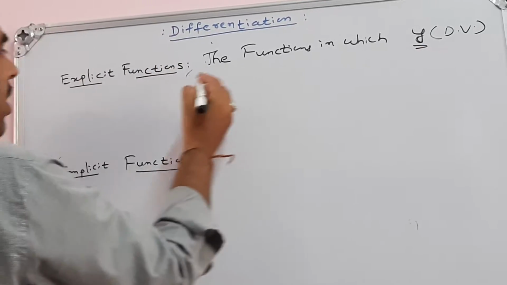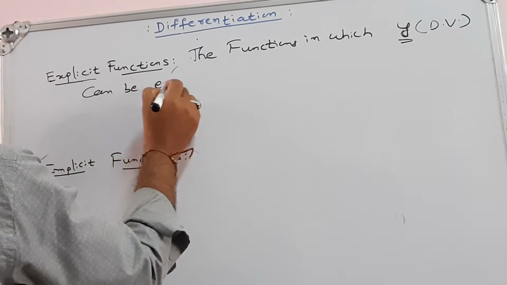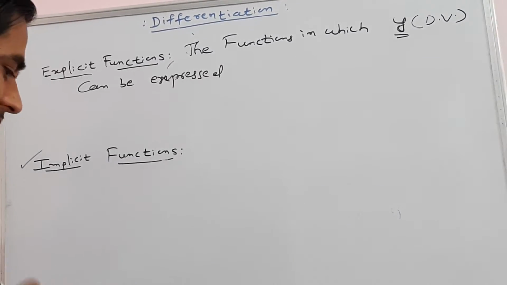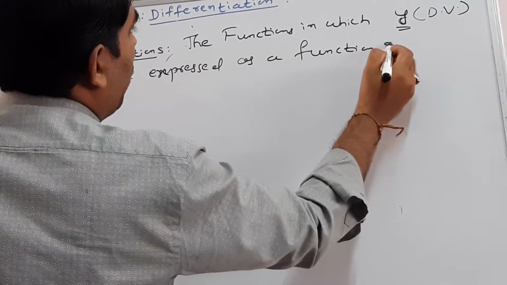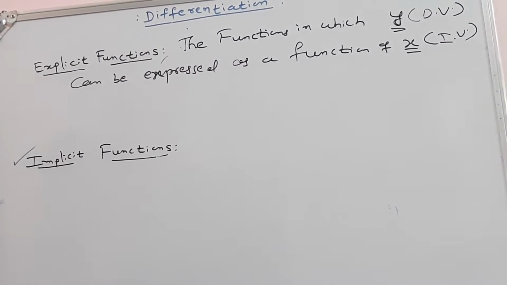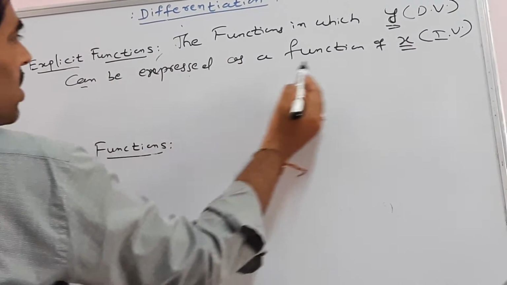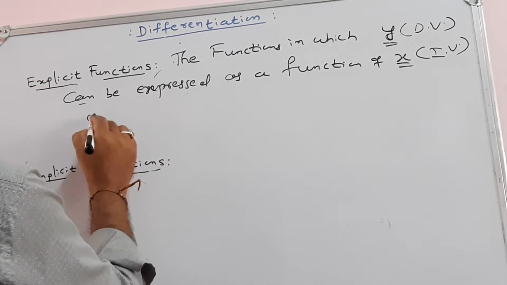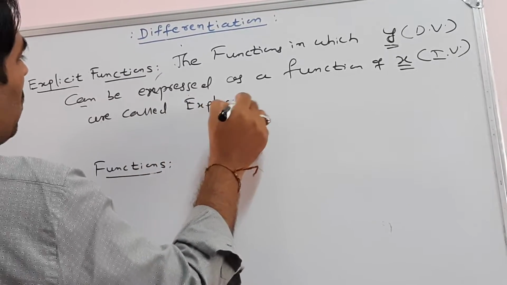The functions in which the dependent variable y can be expressed as a function of x, that is the independent variable, are called explicit functions.